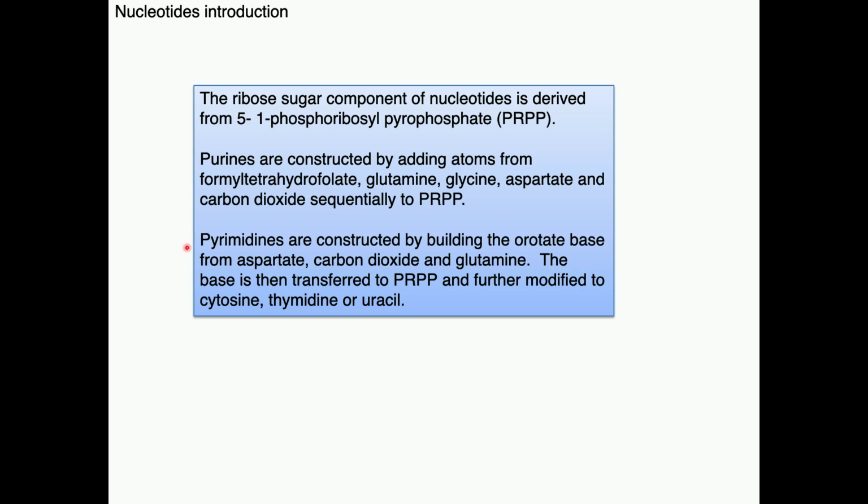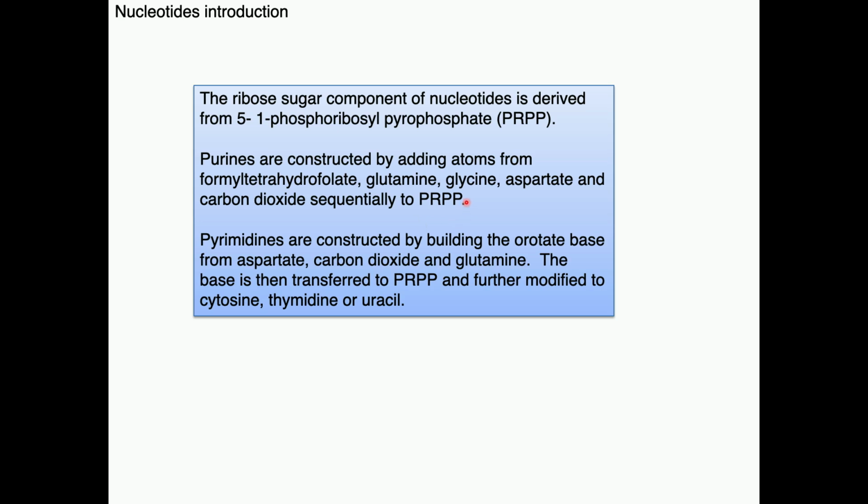The pyrimidines, on the other hand, build their orotate base separately. Then that whole base gets transferred onto the ribose sugar and modified further to make either cytosine, thymidine, or uracil. The common thing between the purine and pyrimidine synthesis pathways is phosphoribosyl pyrophosphate.